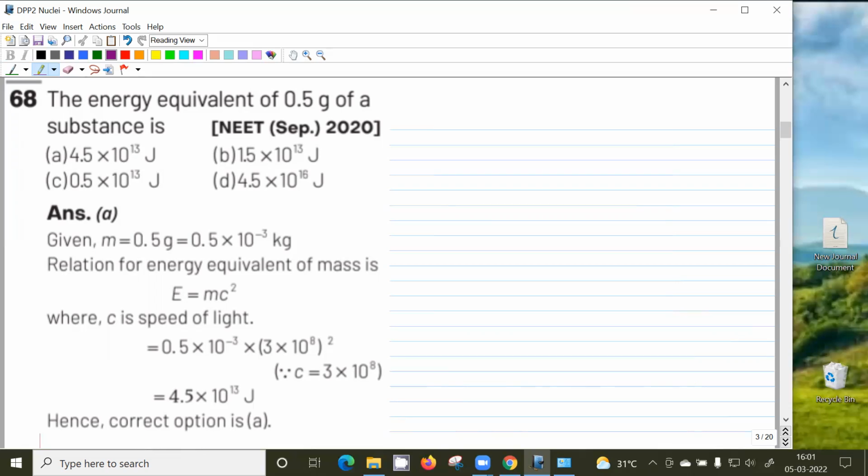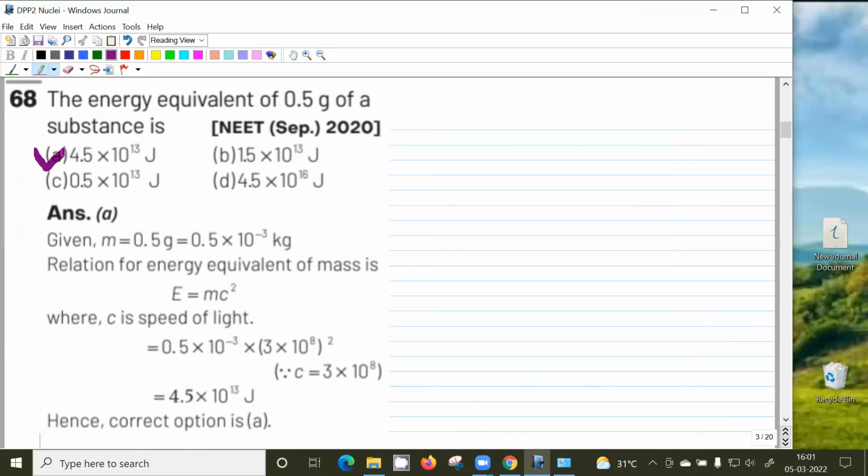So 45 into 10 power 13. 45 or 4.5? 4.5. Yeah. So option A.